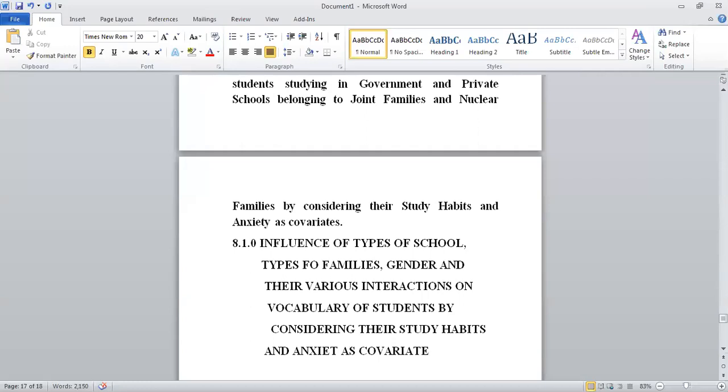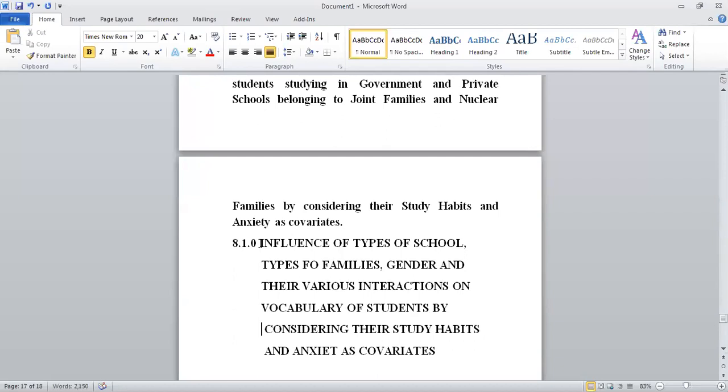Please do not forget to write it in the plural, covariates. It's not covariate. You should write covariate when it is one. Otherwise, you should write covariates. So you can adjust, no problem.